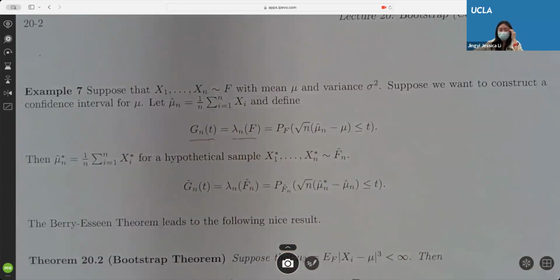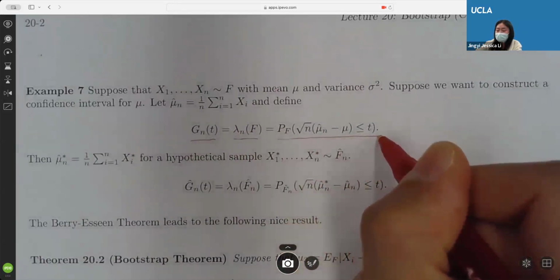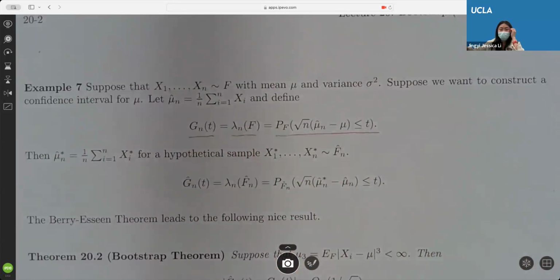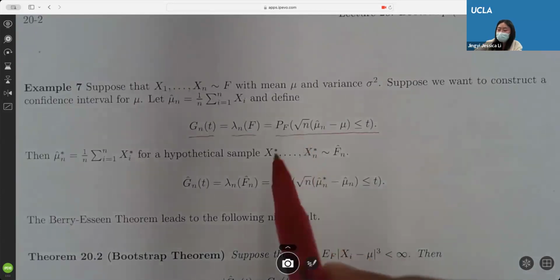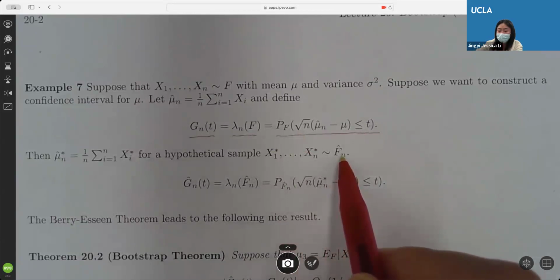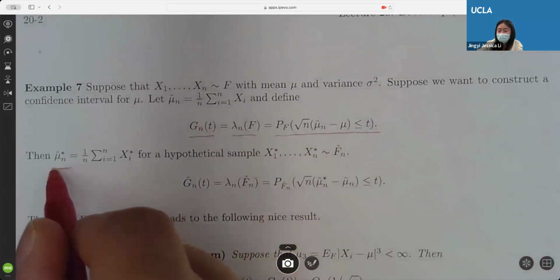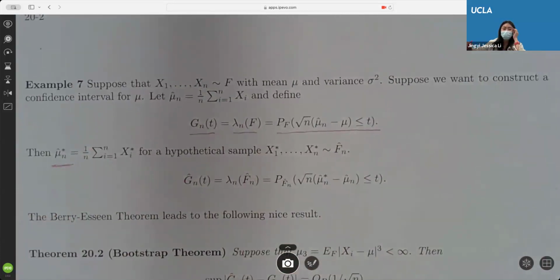We call this our performance measure, lambda n of F. It's defined as the probability that root n times (mu hat n minus mu) is less than or equal to t. Then, to do the bootstrap plug-in estimator, we consider a hypothetical sample x1 star to xn star from F hat n, and based on this hypothetical sample, the hypothetical estimator becomes mu hat n star.